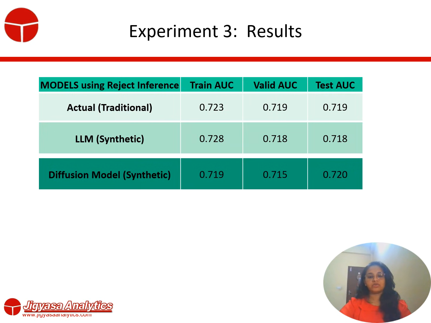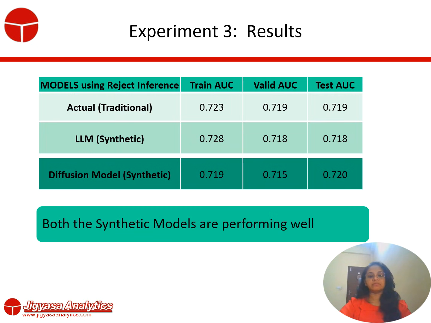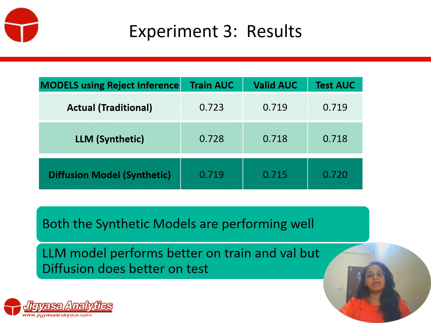Diffusion model train 0.719, validation 0.715, holdout 0.720. What do we see here? All results are very close, again in the same ballpark. The LLM model leads on training while the diffusion model slightly beats the traditional model on holdout, showing strong generalization.